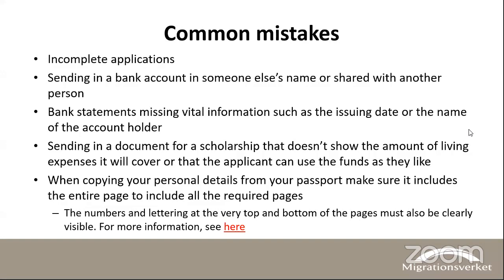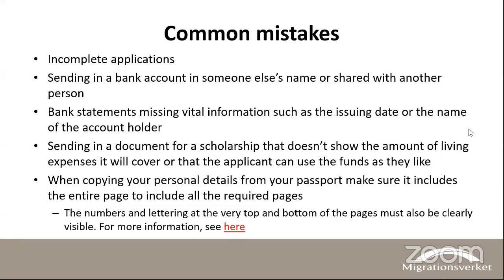Bank statements missing vital information, such as the issuing date, or the name of the account holder, or what type of account it is. Sending in a document for a scholarship that doesn't show the amount of living expenses it will cover, or that the applicant can use the funds as they like.